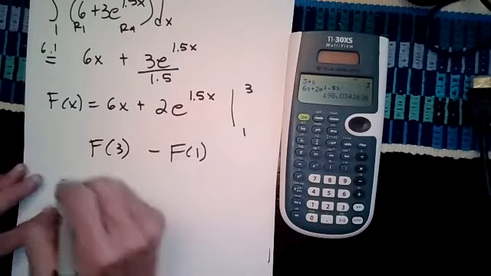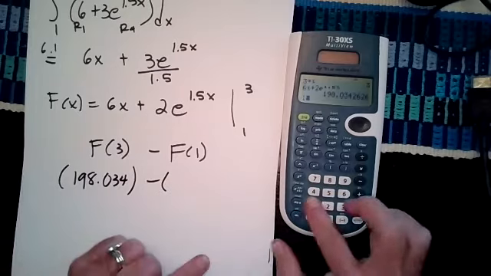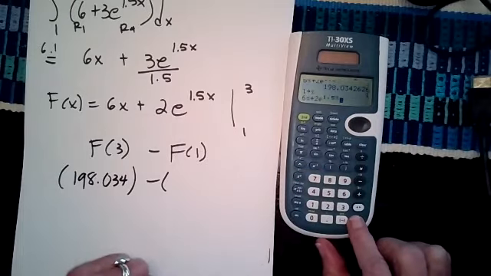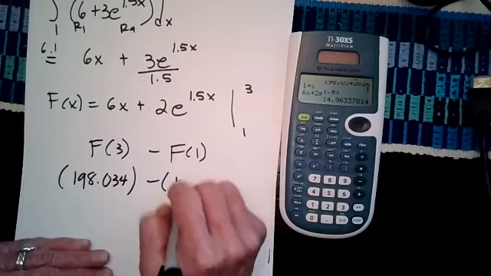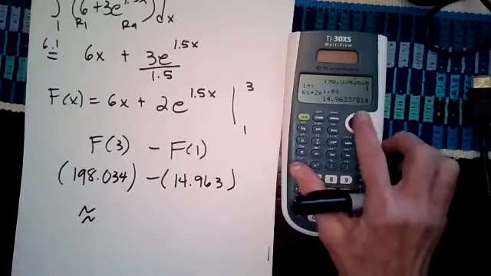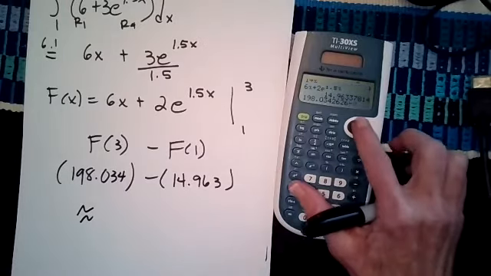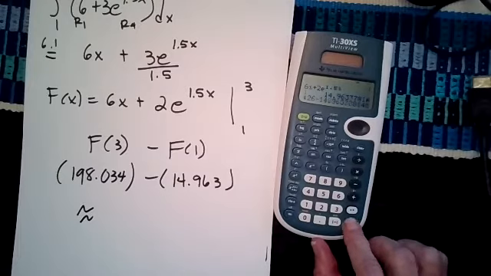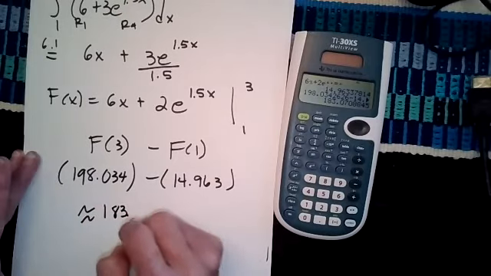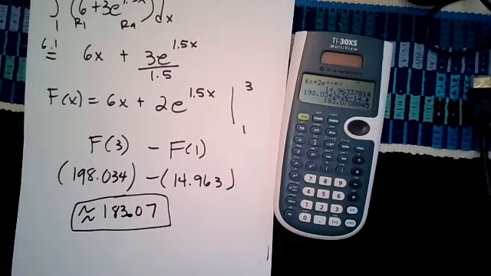And I put in, I get 198.034 minus the 1, store for x, and enter, and I go highlight my antiderivative, and push enter twice, and I get 14.963, and now I want to subtract them, so I go up and I highlight the 198, and I push enter, minus, and I go up and grab that 14 point, I push enter, enter, and now I get 183.070 or 071, so it's 183.07.